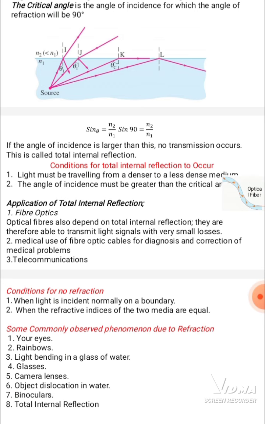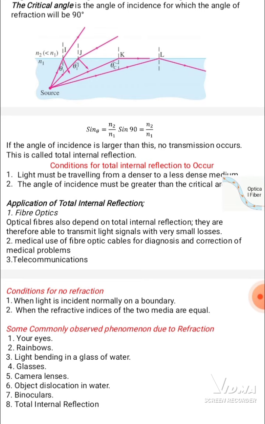Basically, there are two conditions that must be met for total internal reflection to occur. Number one, light must travel from a denser to a less dense medium, for example from water into air or glass. The refractive index of air is 1, water is 1.33, and glass is 1.52.